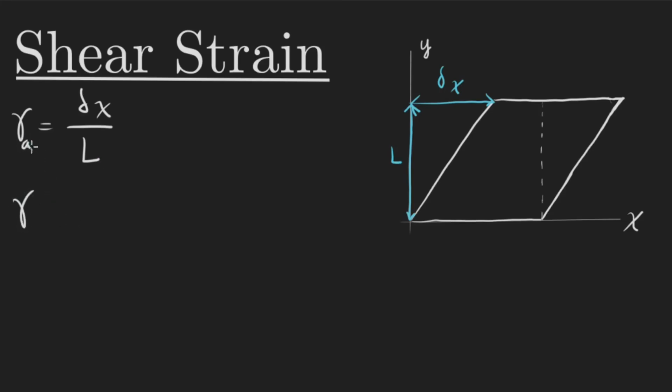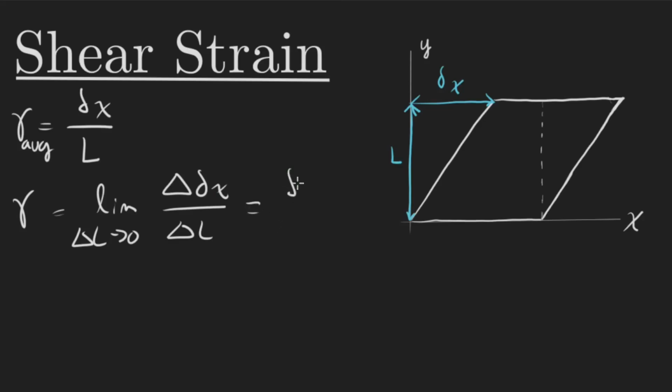The limit as delta L goes to 0 of our differential, d delta x over dL. There's a capital and lowercase delta here, so it's kind of weird to say out loud. But again, this average case is what I'd recommend thinking about.